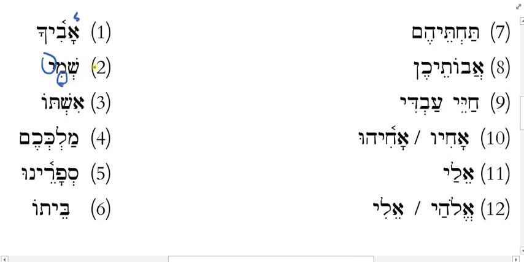So whose name? My name. Good. Ishto. This is from what noun? Isha. And I've got this pronoun. Is this one or many ishas? It's one. So whose isha is this? That's his isha. Yeah, so his wife. Malkachem. Is that a singular or plural noun?